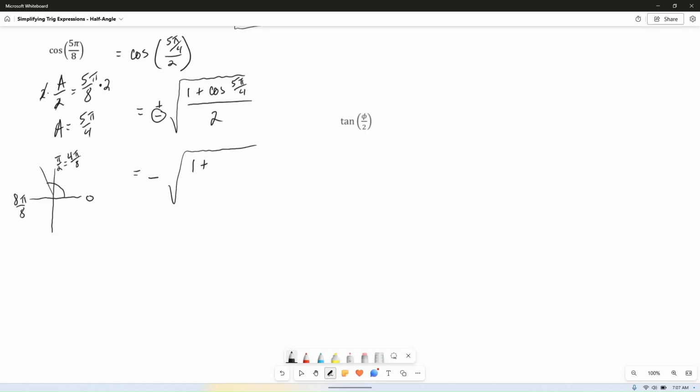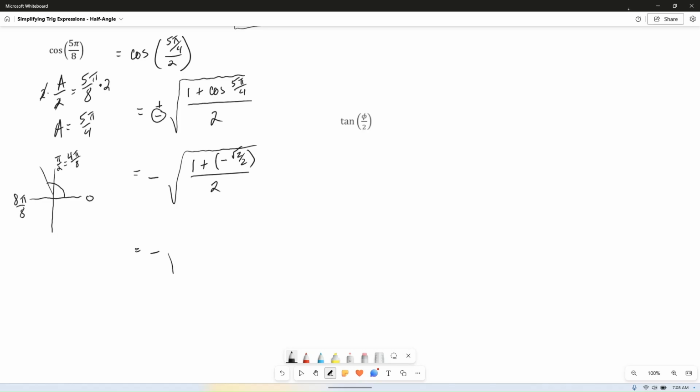And that's going to become 1 plus cosine of 5 pi over 4, which is negative square root of 2 over 2, all over 2. So this time inside the numerator, inside the square root, the signs aren't going to cancel out. So we're going to be left with 1 minus the square root of 2 over 2.